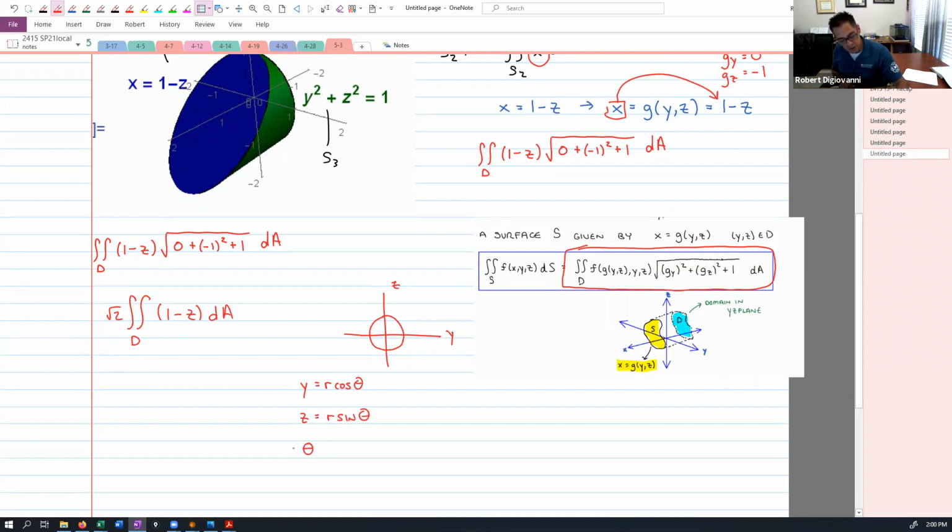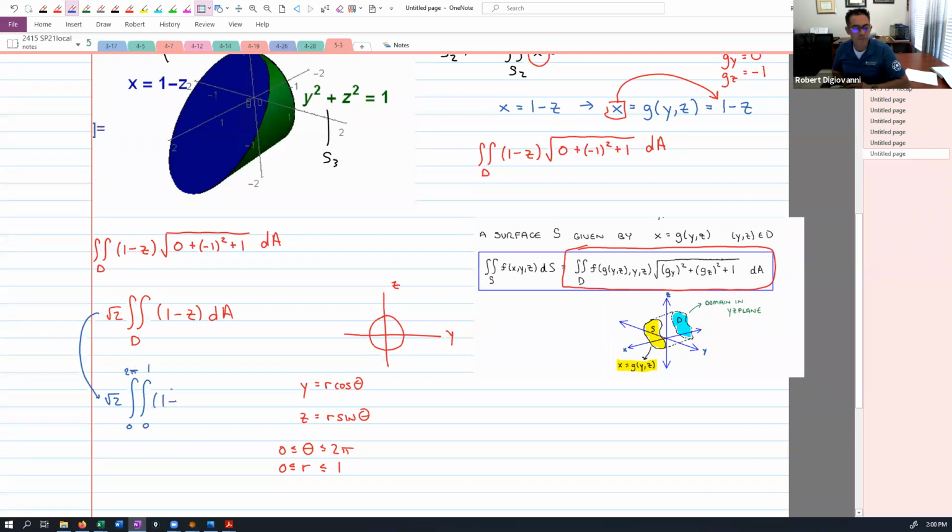Theta is going to go between 0 and 2 pi, and r is going to go between 0 and 1. That means this double integral now becomes root 2, and now I can put my limits of integration, 0 to 2 pi, 0 to 1.